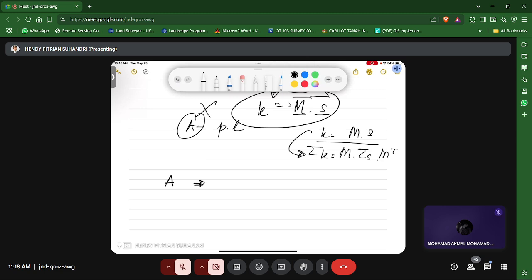So what do we have here? Dou A. Dou means the notation for partial derivative.